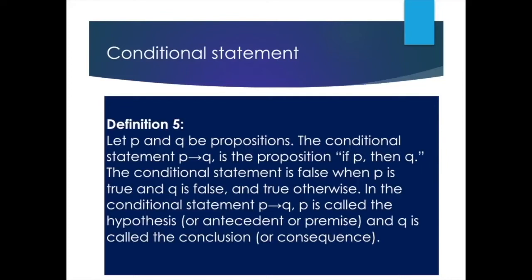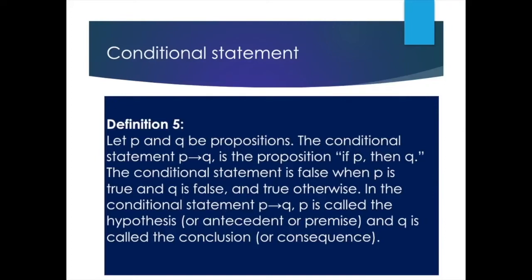Here we are talking more about an assumption and a result of that assumption. I will explain this in detail. So the conditional statement is false when P is true and Q is false, and true otherwise.